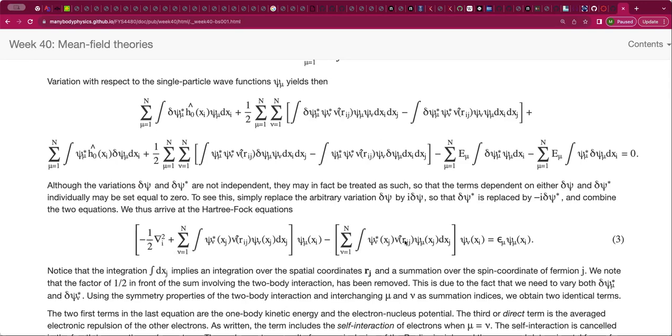But we have a term which here is linear in the unknown quantity. And then we have a non-linearity due to the exchange term. Because the term which we want to solve for is this psi of mu. But you see now that this psi of mu is inside the integral due to the exchange term.